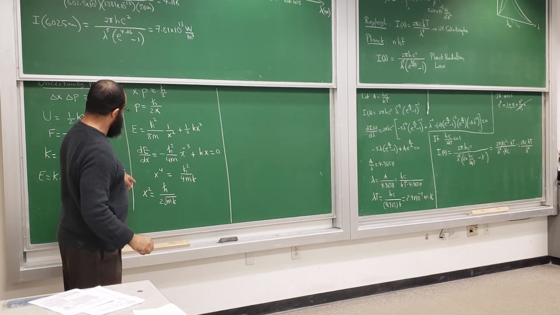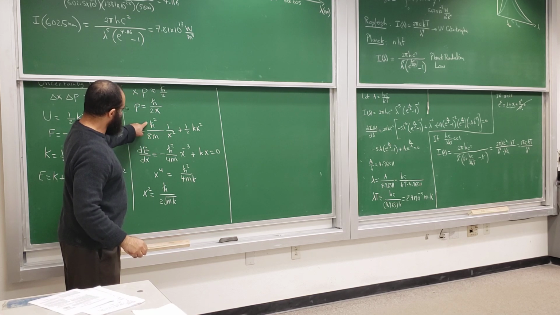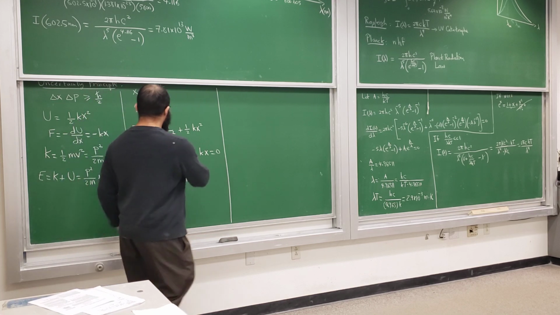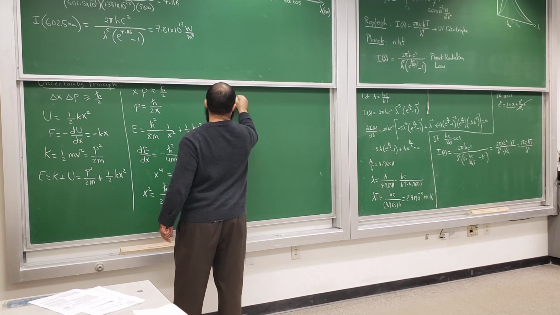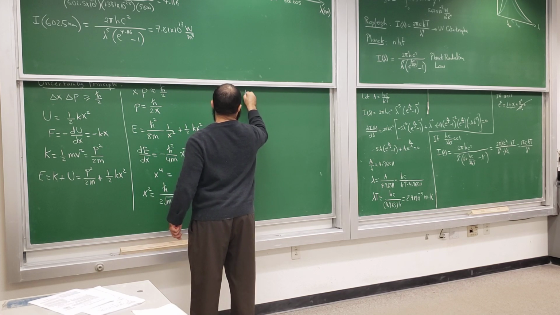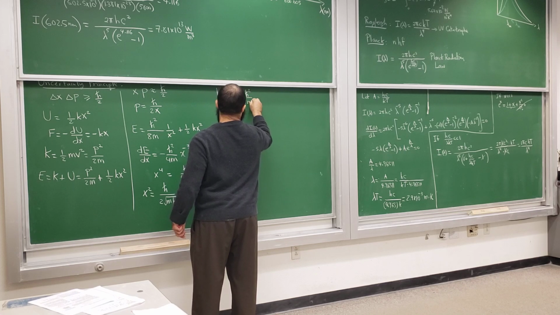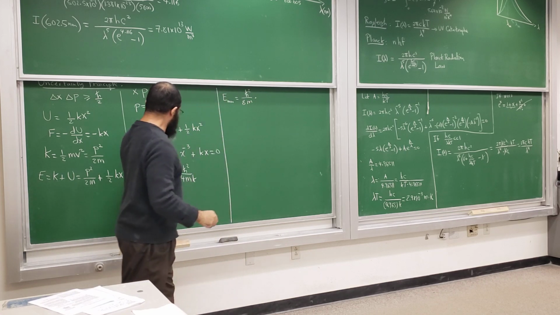Let's plug in to get the energy. So we get h bar squared over 2m, h bar squared over 8m. So the minimum energy is going to be h bar squared over 8m times 1 over x squared.